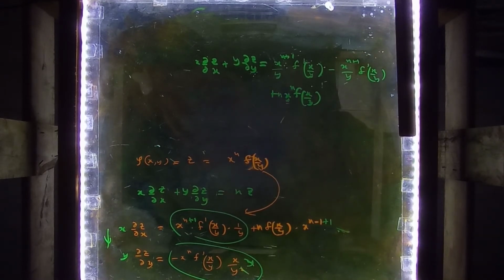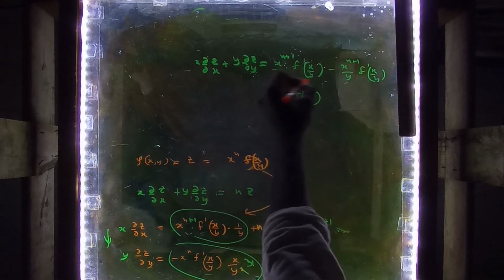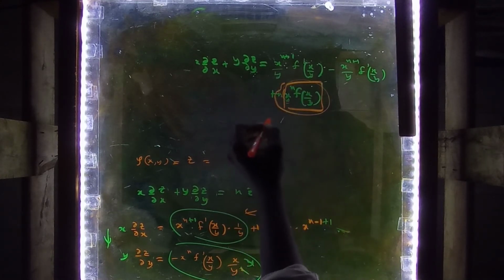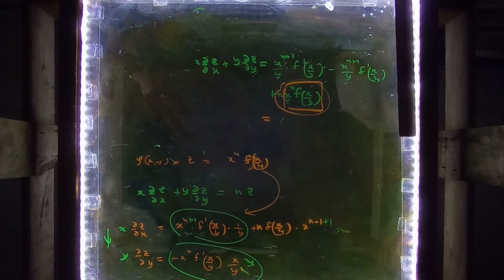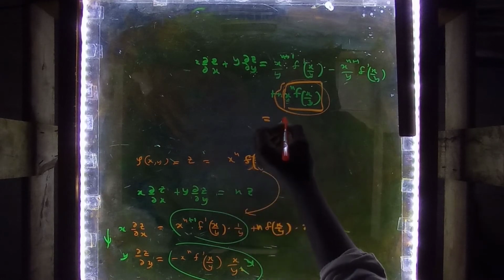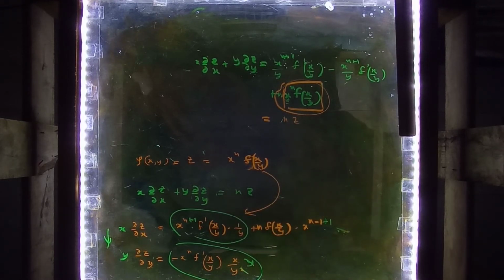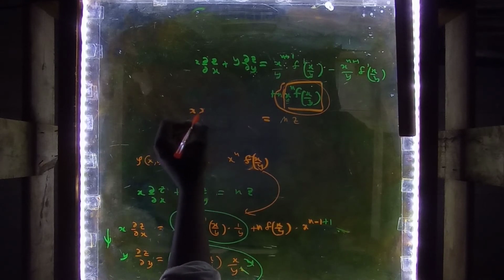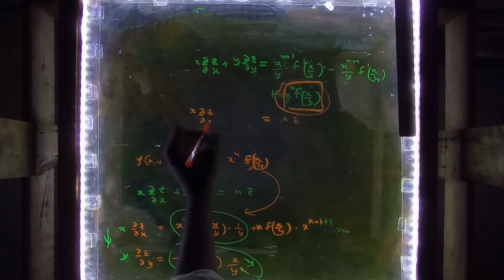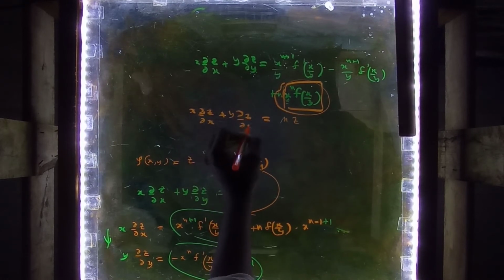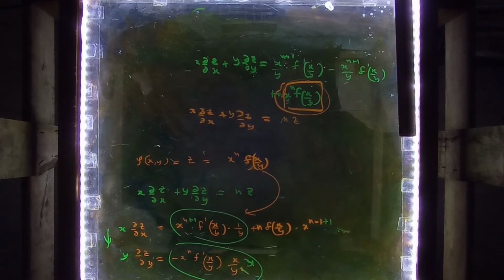So clearly, with our previous examples, we know what this is. This is just z, the homogeneous function. So it becomes n times z, which is equal to x times partial z with respect to x plus y times partial z with respect to y, right?